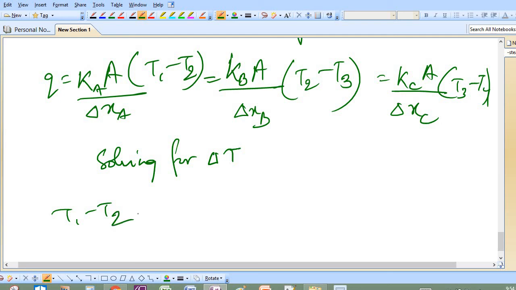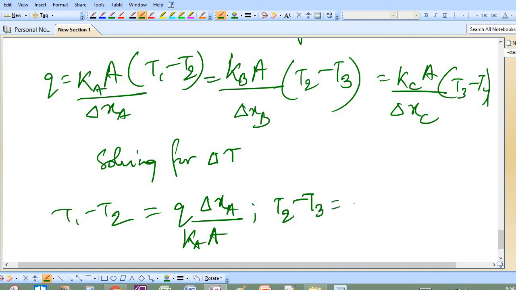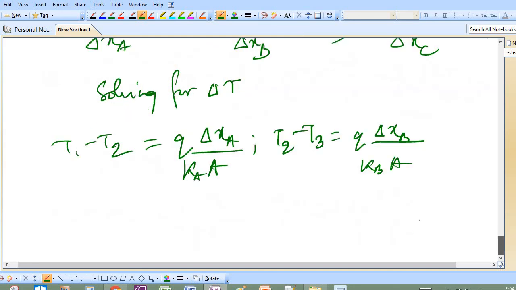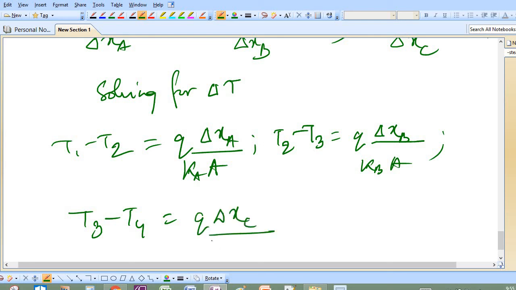T1 minus T2 is equal to Q delta X A divided by K_A A. For T2 minus T3, we are having Q delta X B divided by K_B A. For T3 minus T4, we are having Q into delta X C divided by K_C A.